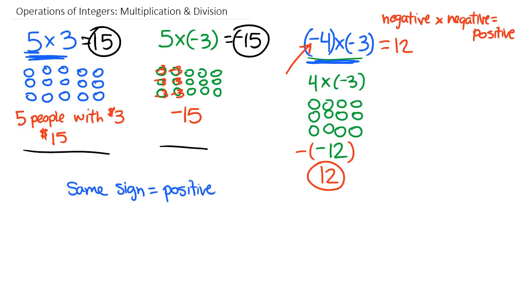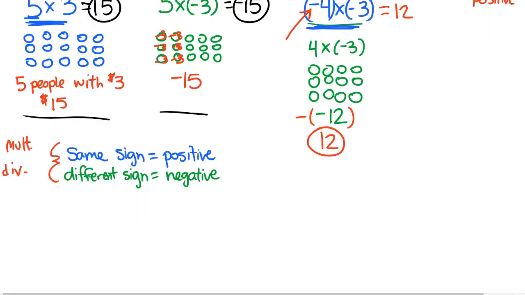If we have a different sign, so one being positive, one being negative, then we are going to come out with a negative solution. Now, this rule applies not only to multiplication, but also to division, which seems to make sense because they are inverses of each other.